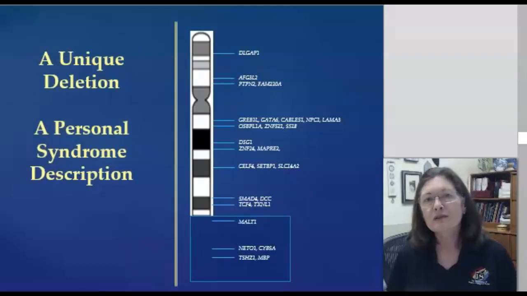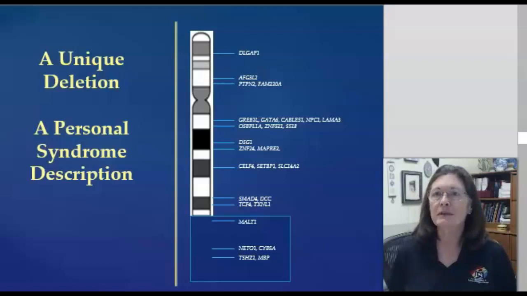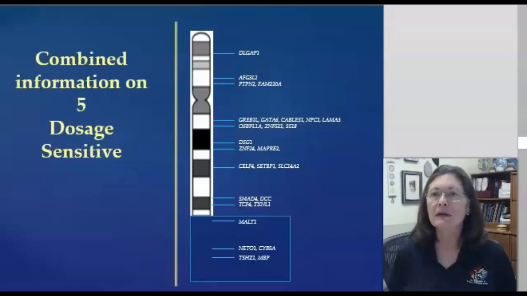Because we now know very specifically which genes are involved and which ones aren't, and we also have some information about which ones matter and which ones don't, we can create a personal syndrome description for this person that is a combination of the information on 5 dosage-sensitive genes, the 5 genes that we think not do, but can cause a problem when you have one copy instead of 2.